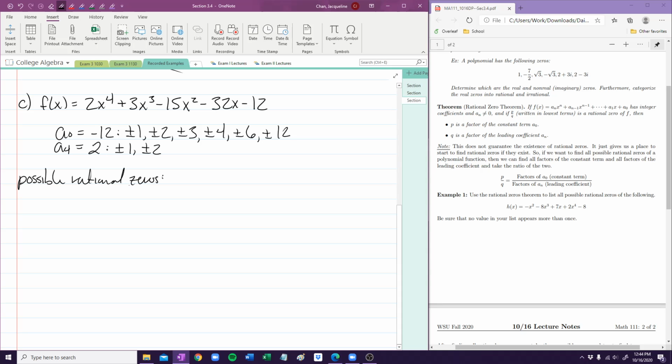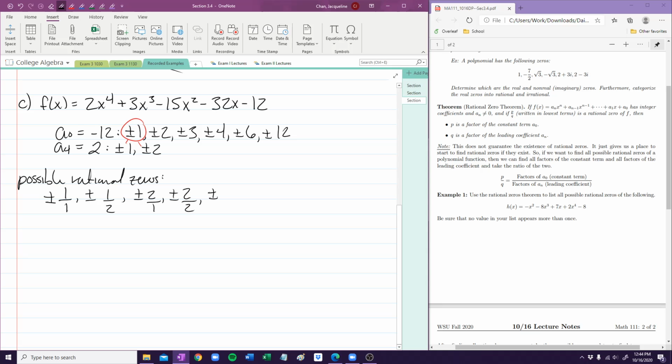Again, I'm going to take this and pair it with each of these, and then continue that process. So I have plus or minus 1 over 1, plus or minus 1 over 2. That was the first a naught. And now I'm going to do plus or minus 2 over 1, plus or minus 2 over 2.